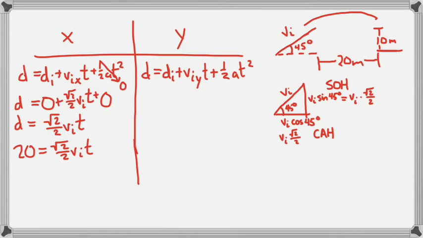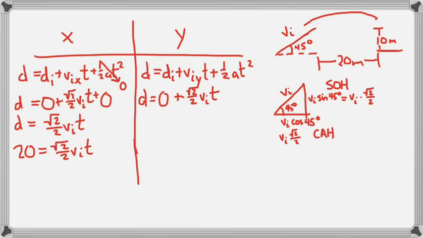So let's go ahead and start thinking about the y displacement. We can write that as d equals, we're starting off with a displacement of 0, so I'll write 0 there. Plus, now I have to have my v sub I in the y direction, which would be this component right here. So that is root 2 over 2 times v sub I times t.